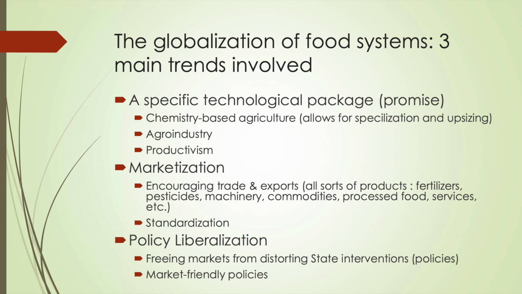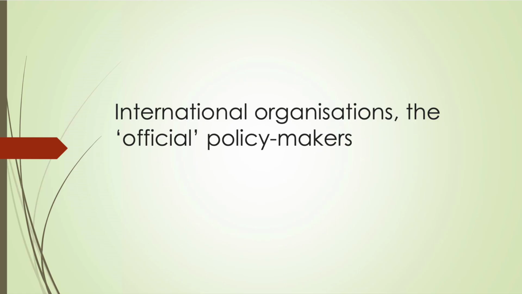And this vision of what is a good functioning of the agricultural world, and the food system itself, is pushed by two big main categories of actors. The global governance of the food system is firstly operationalized by international organizations, who are the official policymakers.